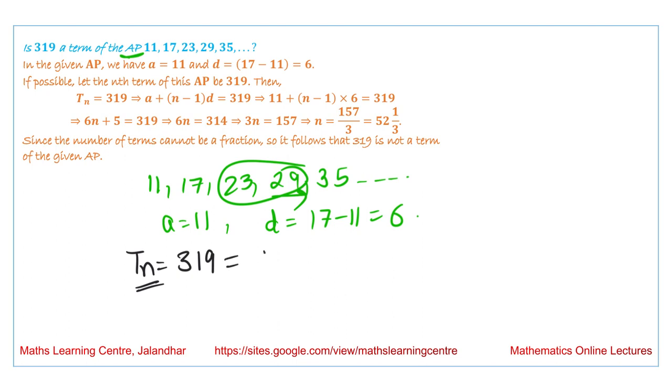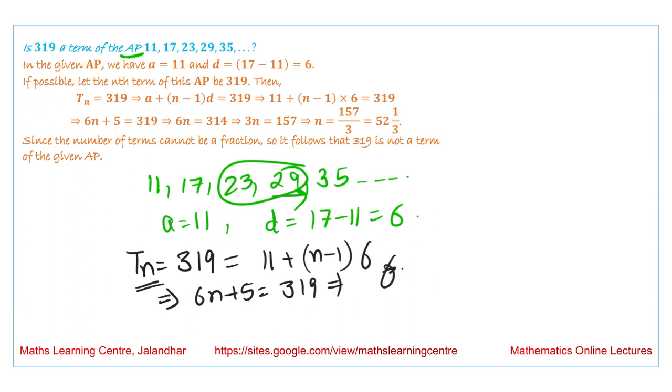So we are writing this as 11 plus n minus 1 into 6. Now if we solve this equation we will obtain 6n plus 5 is equal to 319. So this implies that 6n is 314, and this implies that n is 157 by 3.